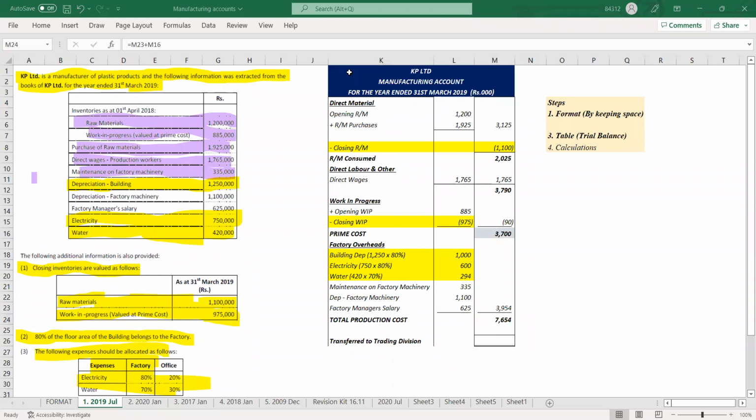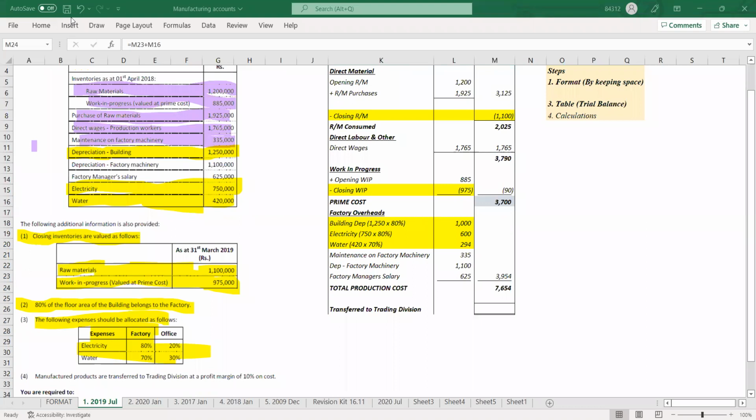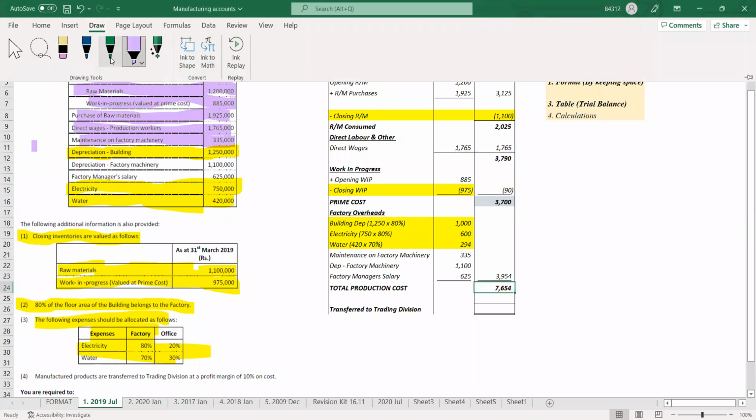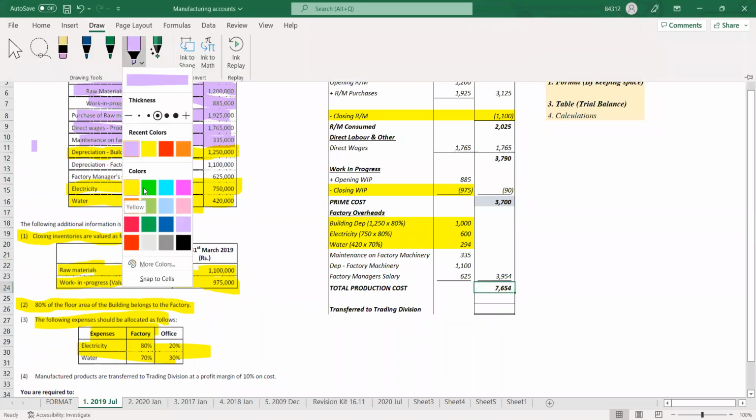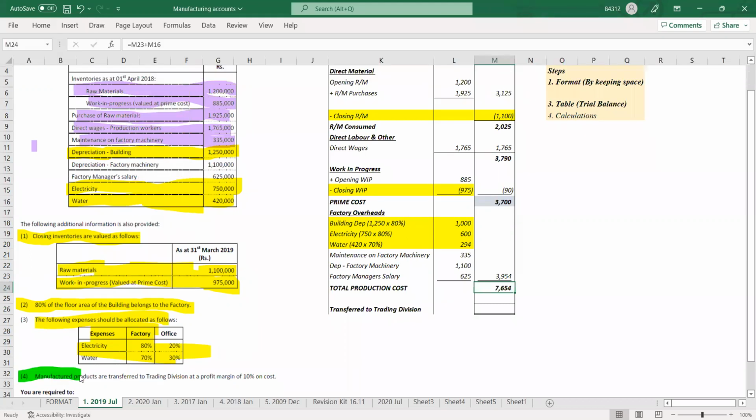So it's a very simple question. Now, the last point says, manufactured products are transferred to trading division at a profit margin of 10% on cost. From this cost, they add 10% and transfer that to the trading division. So we need to add 10% for this.